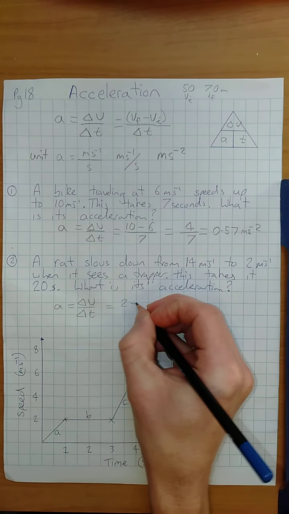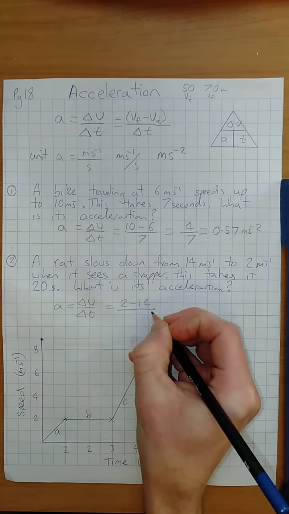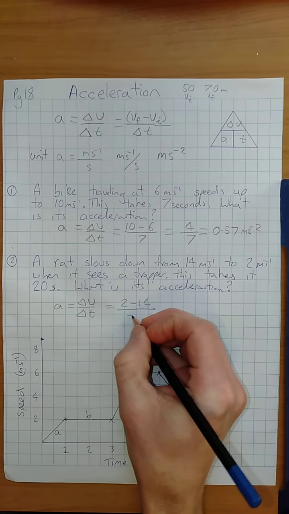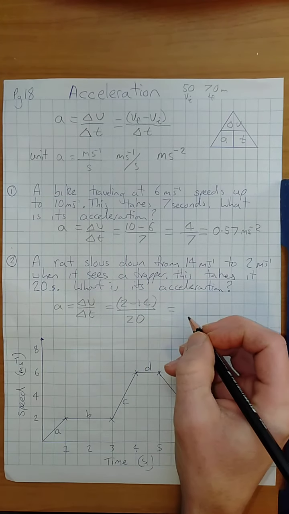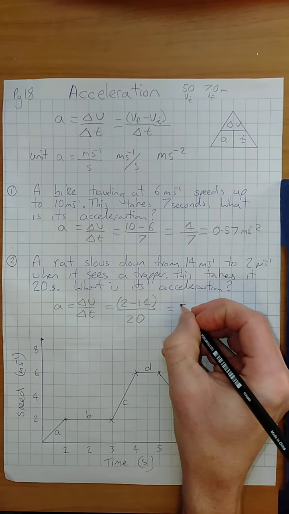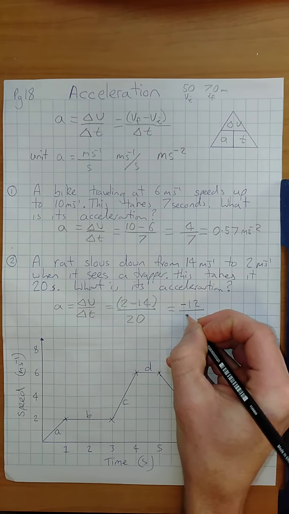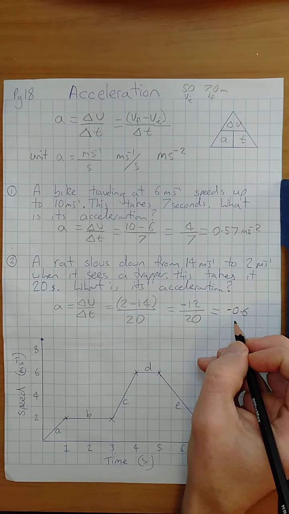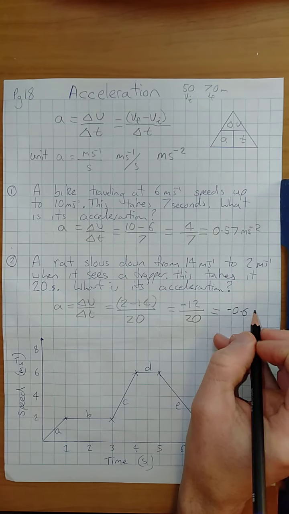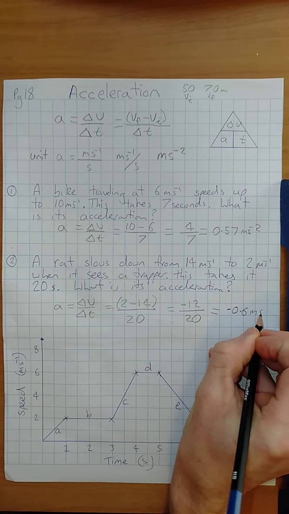So 2 take away 14, divided by the time it took, which is 20. Put that in brackets. 2 take away 14 gives us negative 12, divided by 20. This gives us negative 0.6, and that is ms minus 2.